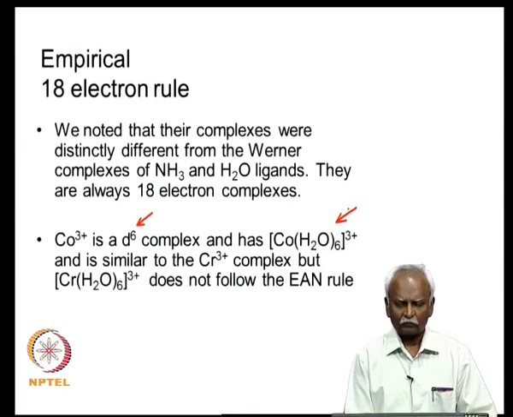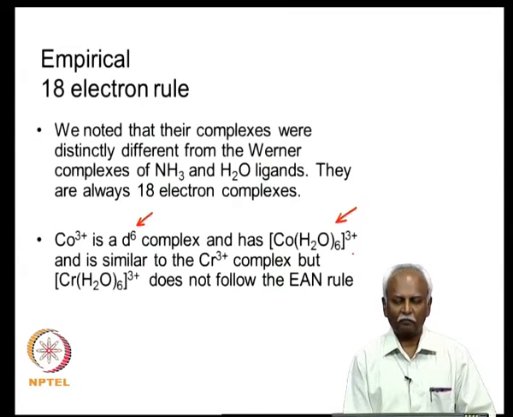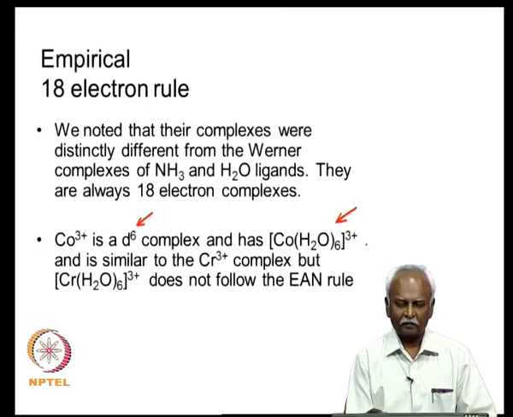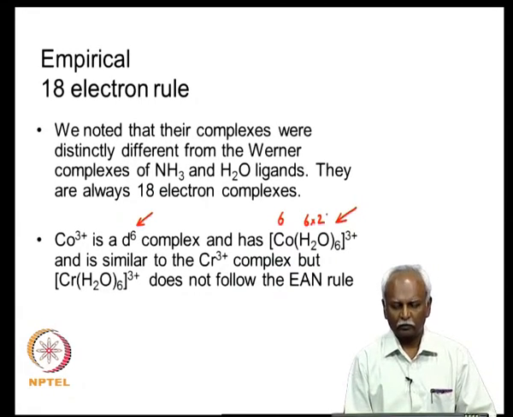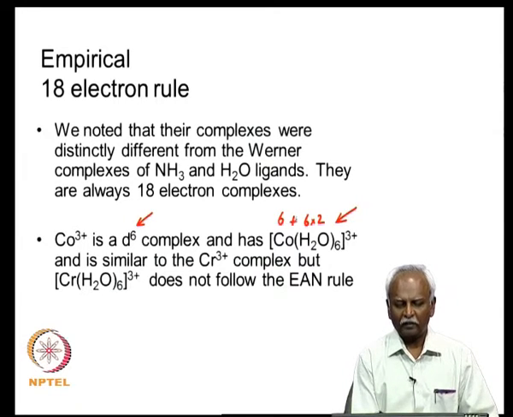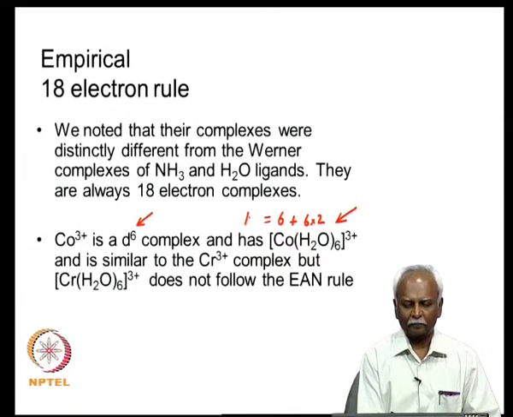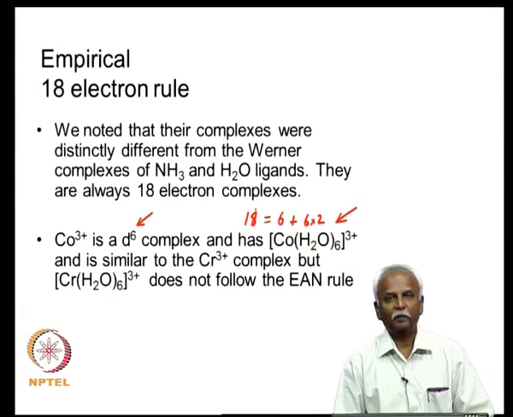Now, you will notice that the total number of valence electrons around the cobalt also equals 18: 6 electrons from cobalt and 6 into 2, 12 electrons from the water molecules. So, a total of 18 electrons can be generated on the cobalt ion.